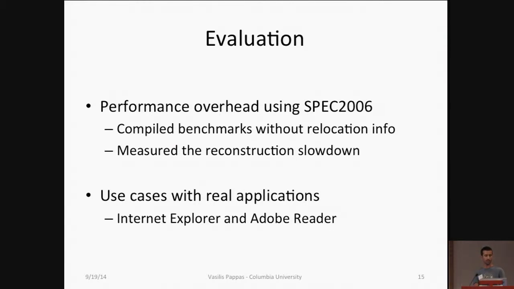Then we tried to measure the slowdown of applying our technique to reconstruct this missing information. In addition, we also did some use cases with real applications, like old versions of Internet Explorer and Adobe Reader that were missing this information.